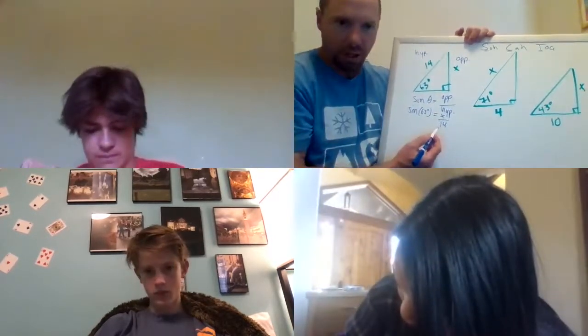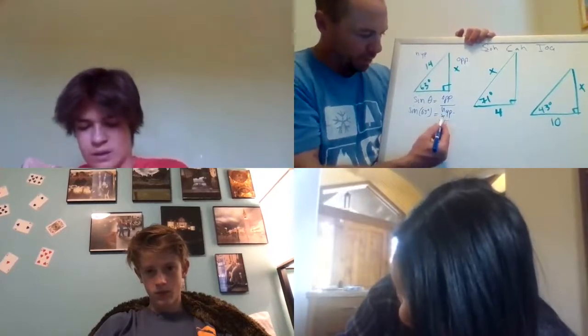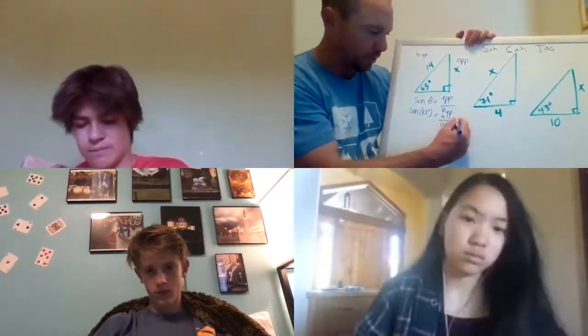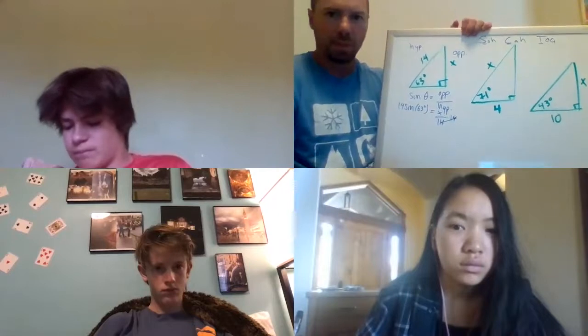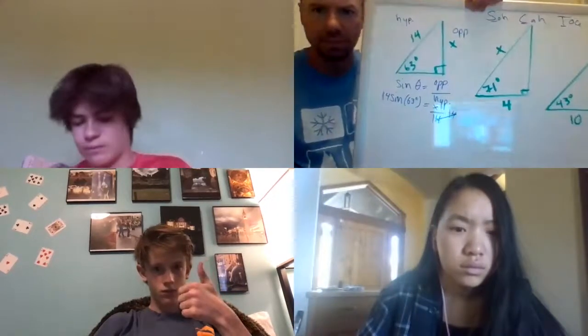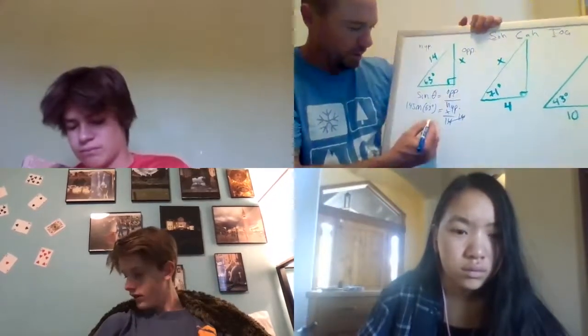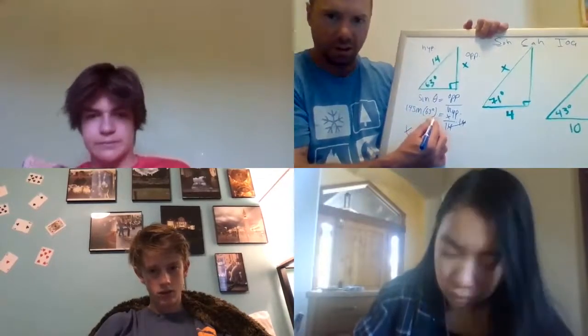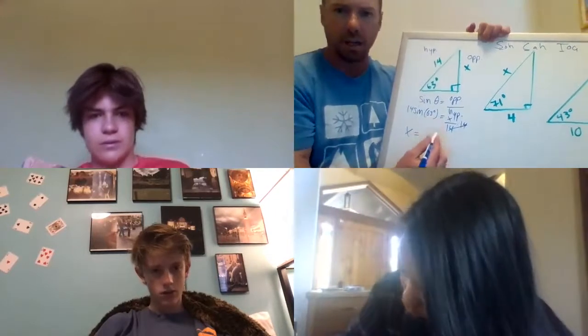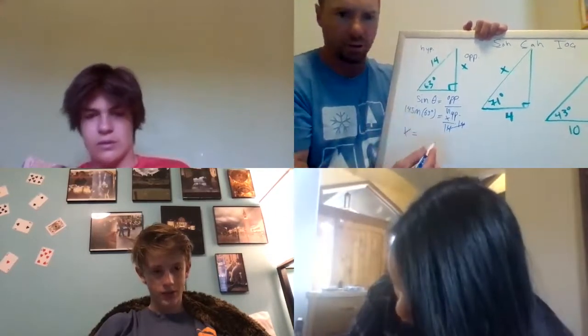In one little algebra move, I can solve for x by multiplying both sides by 14. So x just equals 14 sine 63. And depending on your calculator, type in 14 sine 63.